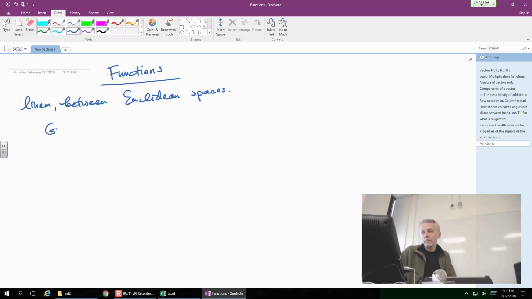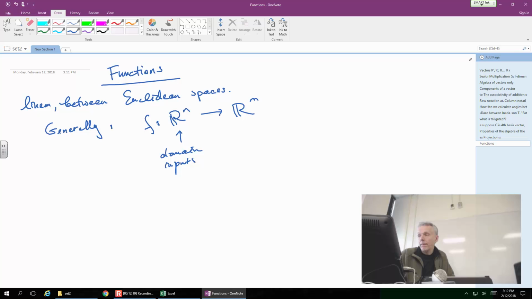So generally, we have a function f from Rn to Rm. That's the standard notation for what we're going to be concerned with. Rn is the domain, the inputs. Rm is the codomain, the outputs.